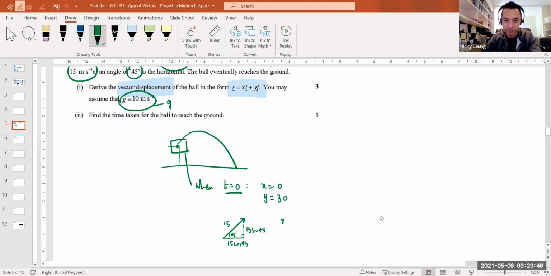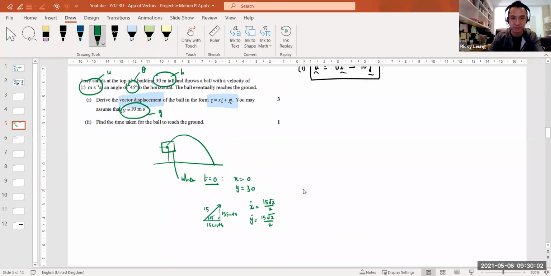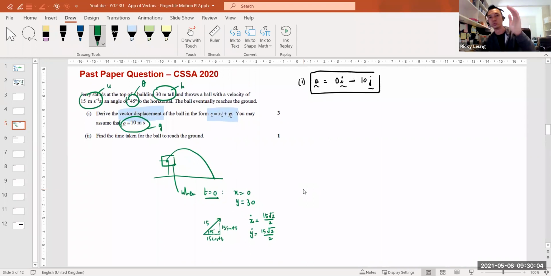So I know that this one would be 15 root 2 on 2, and same with this one, as an exact value. This is good because I'm going to be needing this information to integrate and find my constant. So remember, acceleration, integrate to get velocity, integrate again to get the displacement vector.